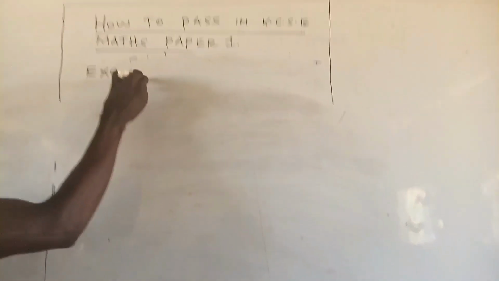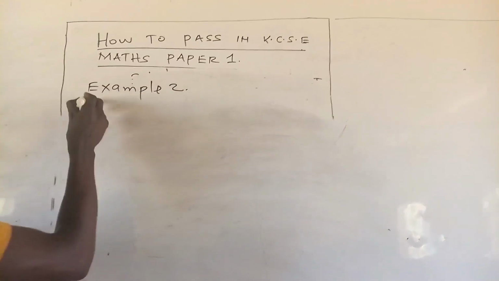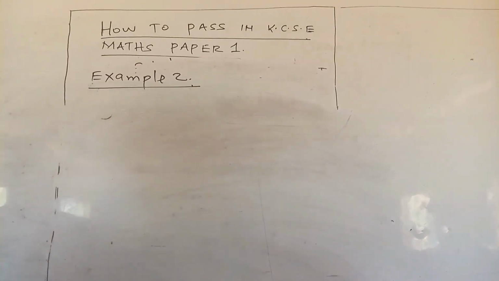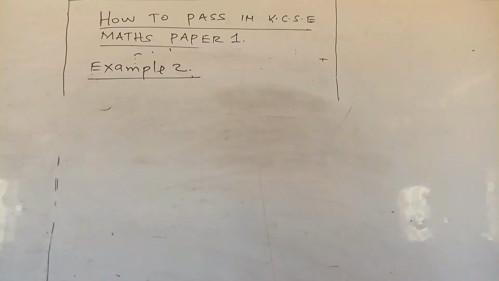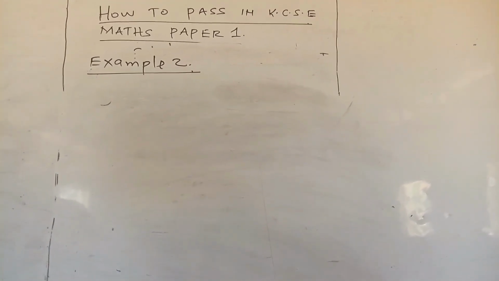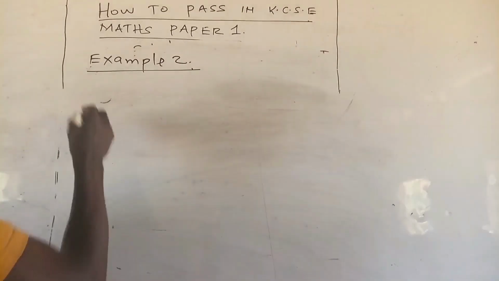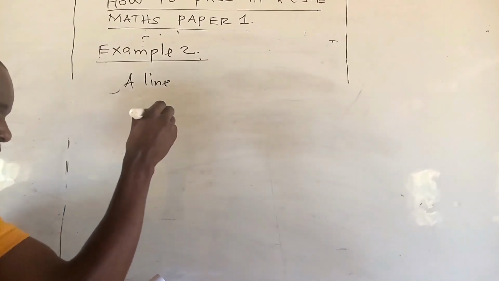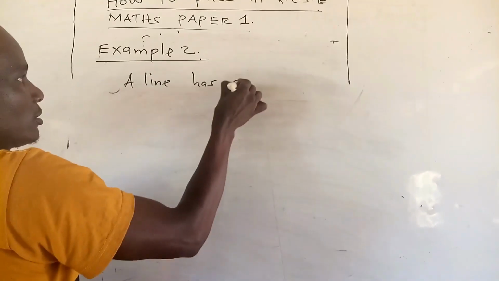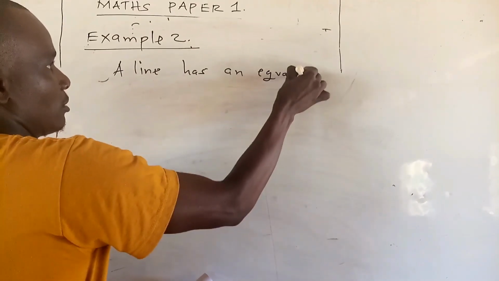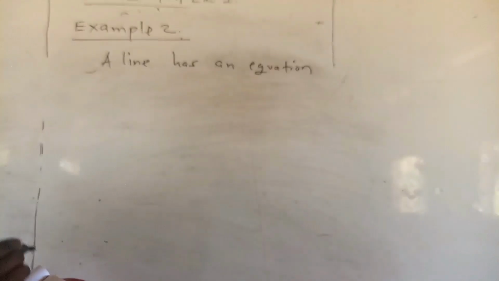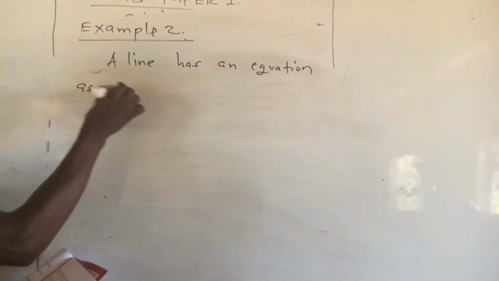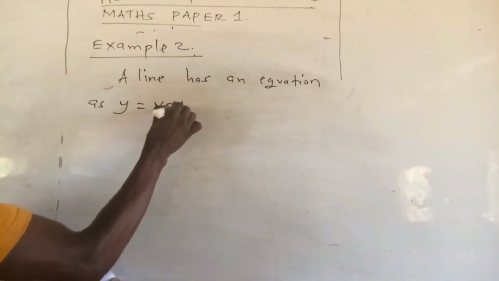Then the next example that I also want us to look at, example 2. Example 2 reads: a line has an equation y is equal to 4x plus 3.